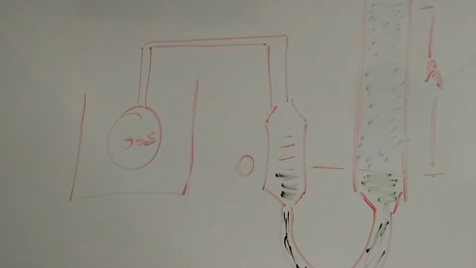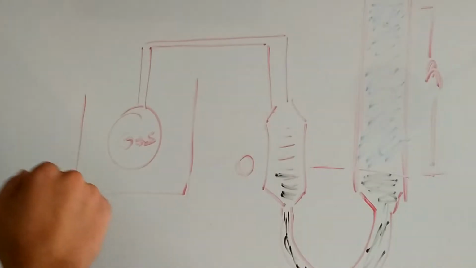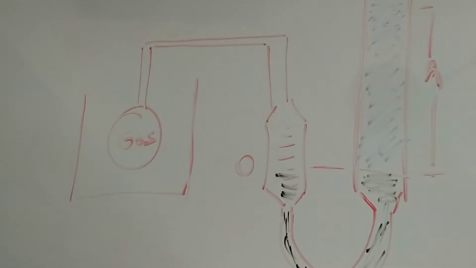So we'll inspect two cases. First of all, in this container we'll put water at 0 degrees Celsius, and then we will inspect what will happen to the pressure and to the level of mercury in this flask.